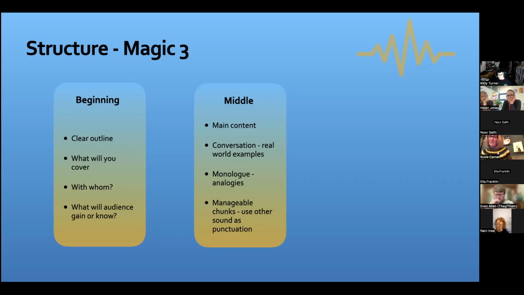For monologue style recordings, try to use analogies for situations or concepts that you're exploring, again, relatable to your audience. You can also split your content into sections using the other ingredients we talked about previously, like music and sound effects, for instance, as audio punctuation, allowing your piece to breathe a bit, and in turn allowing your audience to pause with it and take in your content.